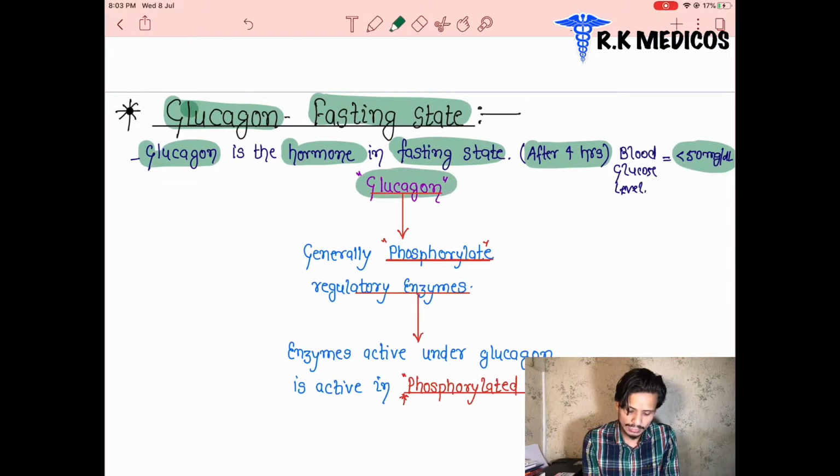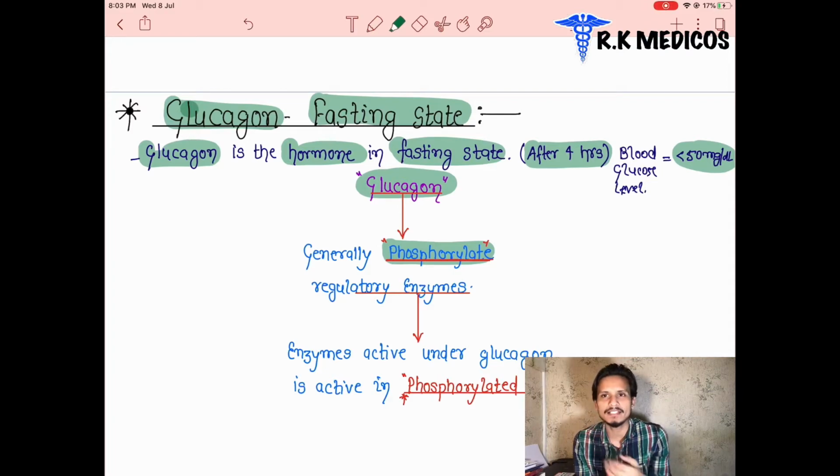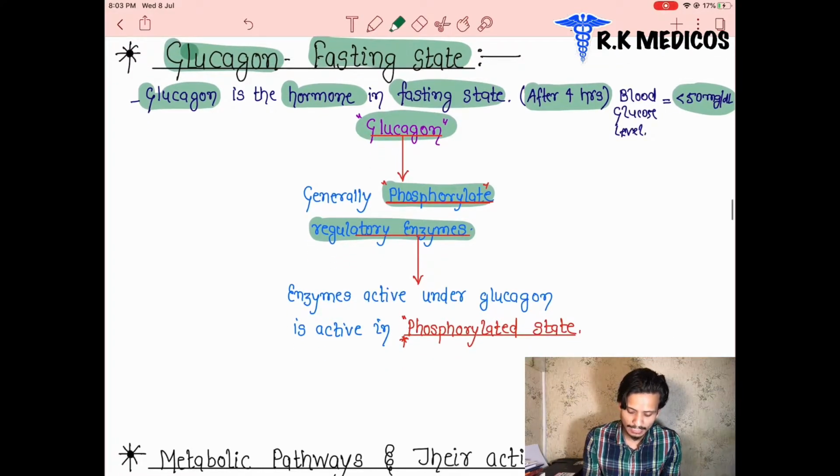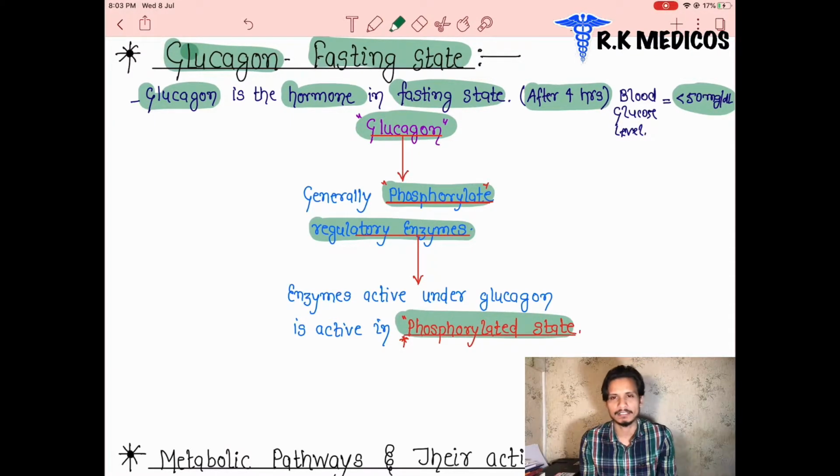Glucagon is secreted. After that, it causes phosphorylation. It phosphorylates the enzymes, and they are regulated in the phosphorylated state. So the enzymes in our metabolic pathway are in which state? Fasting or well fed?